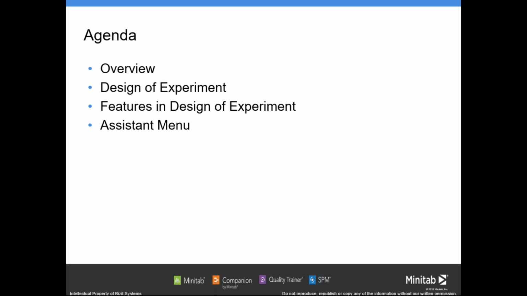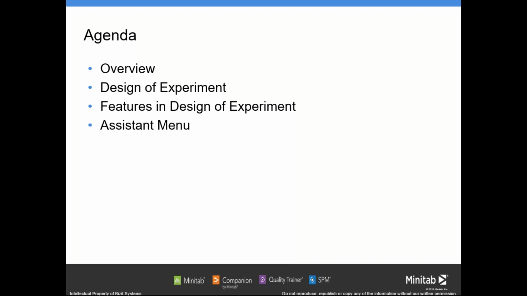Inside that, you need to know which is the significant factor, which is the most important level for each factor in the problem, and then you can go for optimization. And if we have time, I will show how to use the Assistant for design of experiment in Minitab 19.